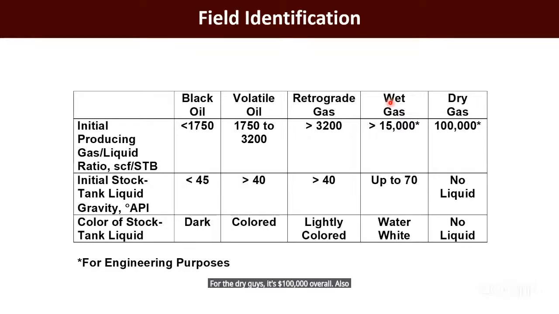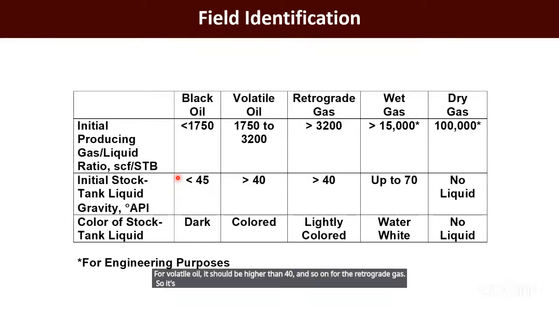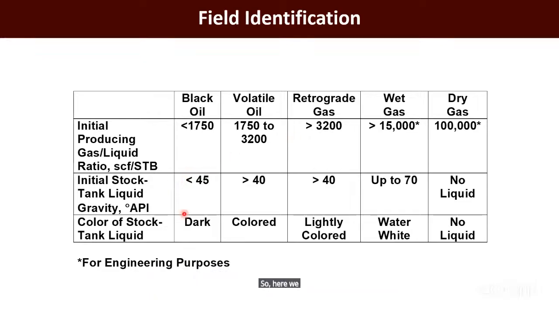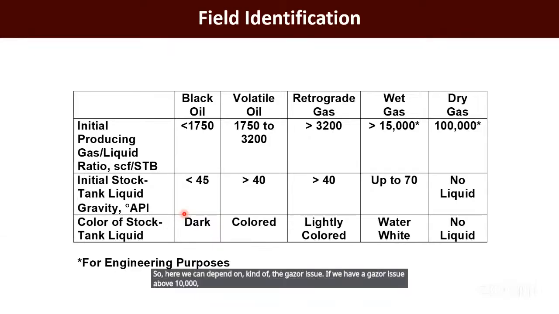Also the API, and here what I mean will be clear. For black oil, generally below 45. For volatile oil, it should be higher than 40, and so on for the retrograde gas. So it's common criteria for them. Here we can depend on the gas oil ratio. If we have a gas oil ratio above 10,000 to 15,000, we can have a wet gas.